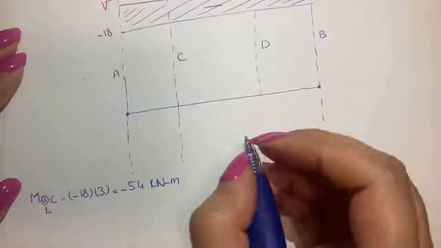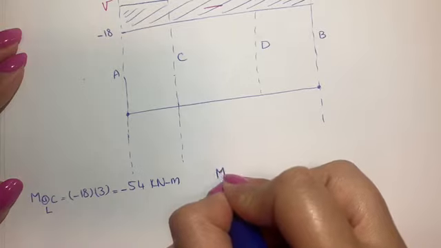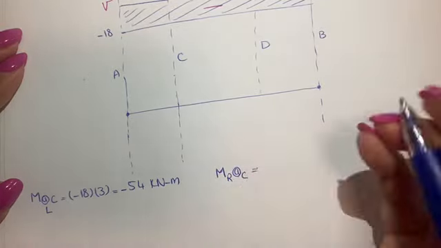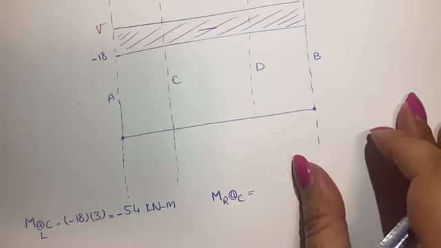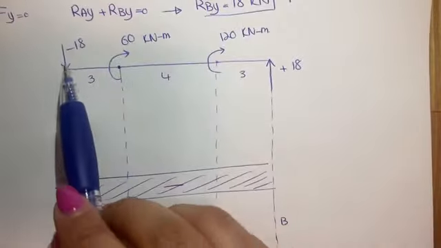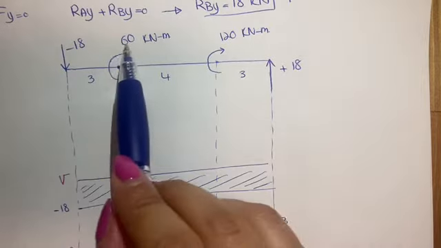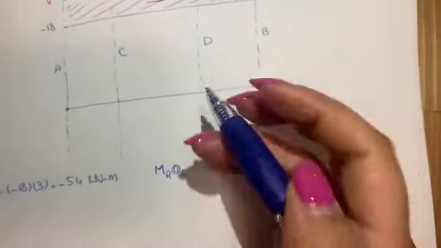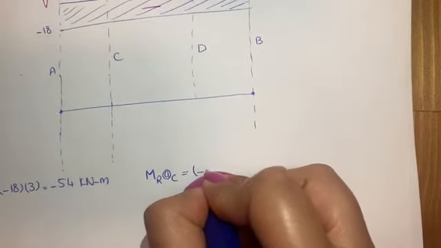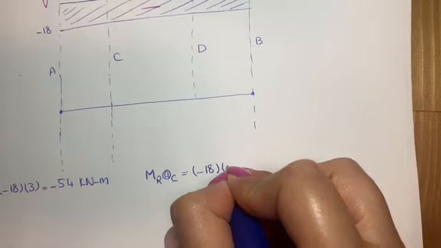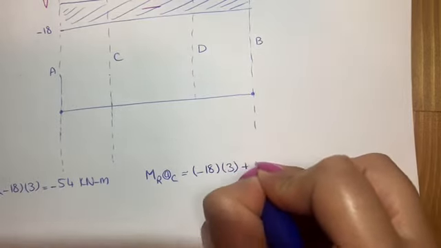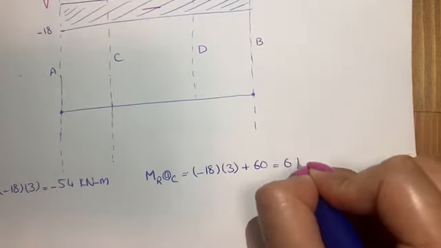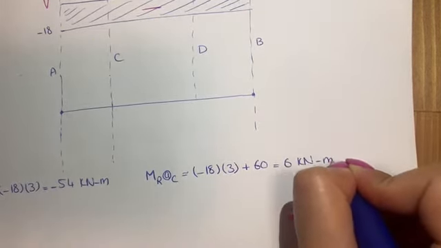At the right hand side of point C, we have both the moment created by this force and this concentrated moment. So we have minus 18 times 3 plus 60, which is equal to 6 kilonewtons meter.